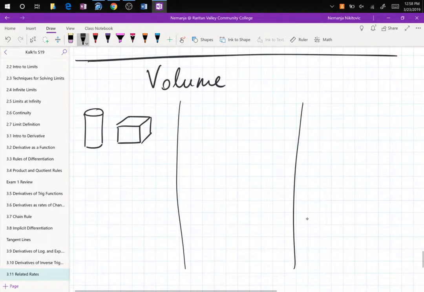All of the volume formulas are area of the base times the height. So this is your height, this is your height, and this is area of the base. So what is the volume for cylinder? Well, base is a circle, so pi r squared times the height.